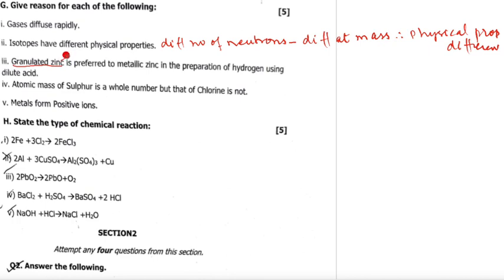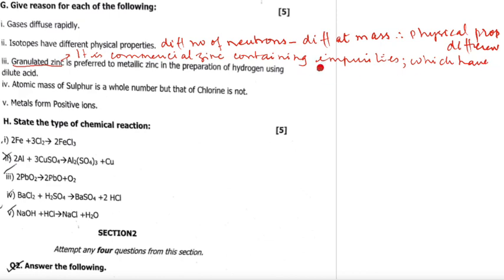So we will write it is commercial zinc containing impurities which have a catalyzing effect on the reaction. So the yield of hydrogen is better.